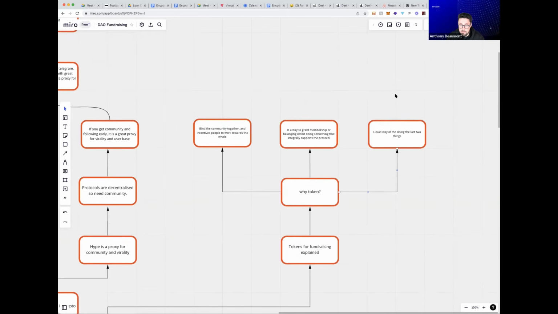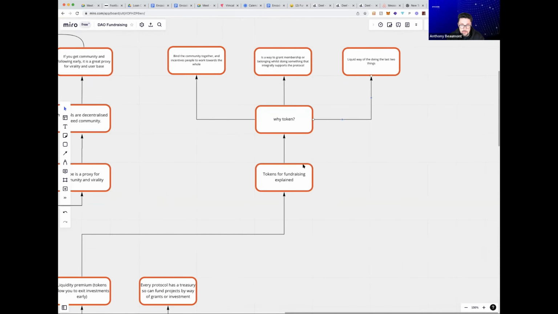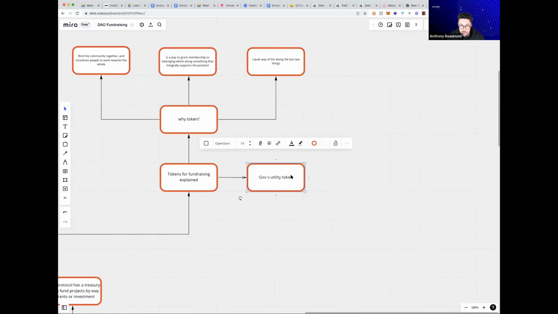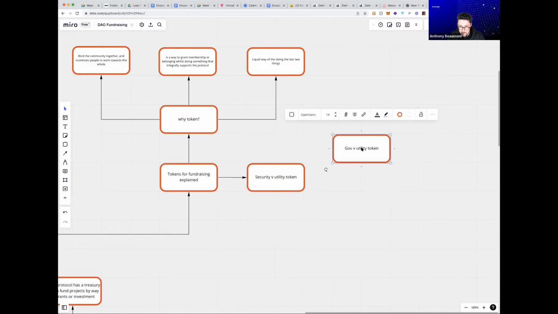Now, Boone could have mentioned this idea of governance versus the utility token. Sorry, I'm going to do security versus utility token. So a security effectively represents a yield generating asset.